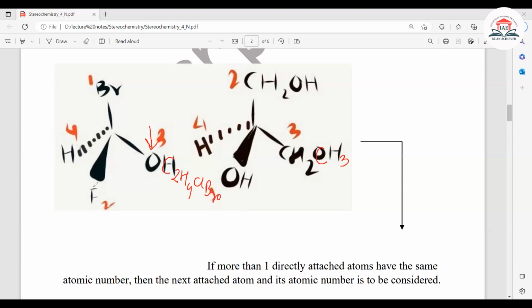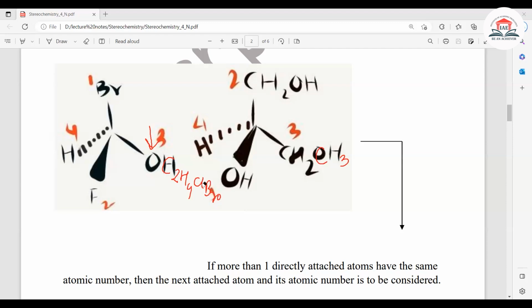In comparison to fluorine and this large group, obviously you will think that this is a very large group, so it should have a greater priority. But no, you will first look at the directly connected atom. Okay, you will only look at oxygen in this case and fluorine. So because fluorine's atomic number is 9 and oxygen's atomic number is 8, so fluorine will get the higher priority. It will be number 2 and then oxygen will become number 3. Okay, did you understand?